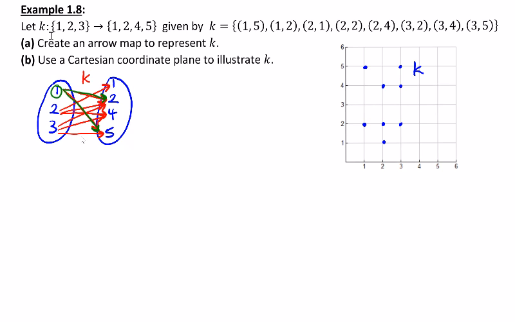But if you were to look at 2 from the second set, you would be able to identify 3 different values. In fact, all 3 of the values from the first set are going to end up mapping over there. And that's an indication of many-to-1. So if you combine the 1-to-many and the many-to-1 ideas, you would end up with many-to-many.